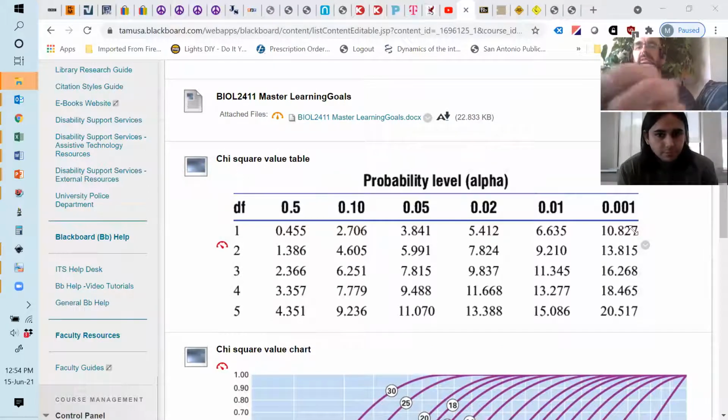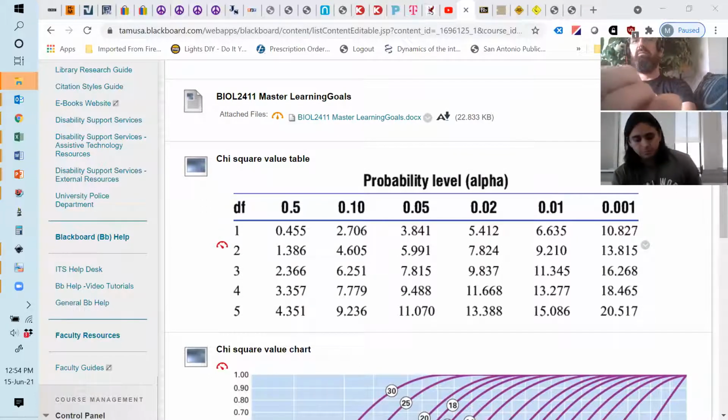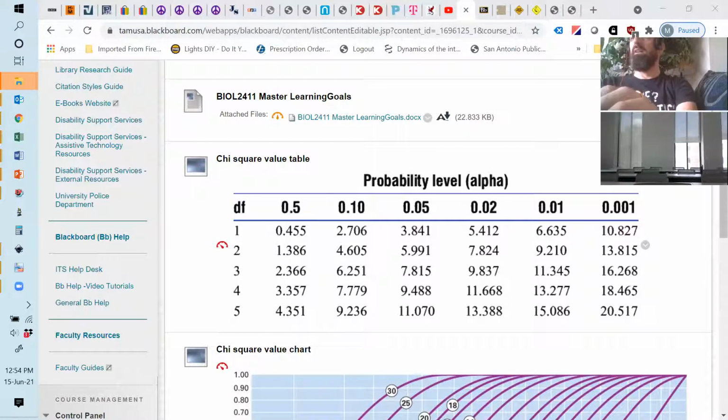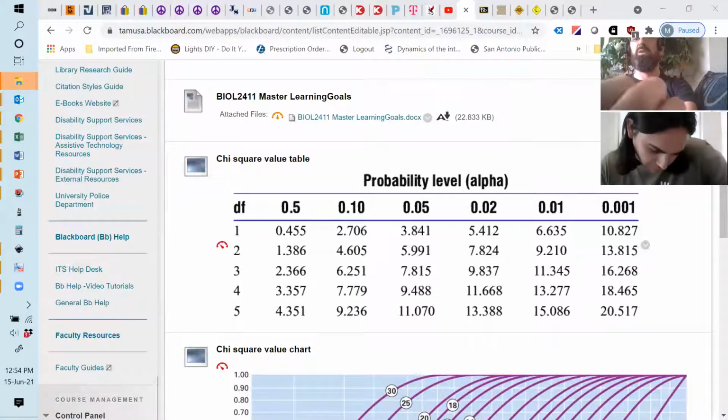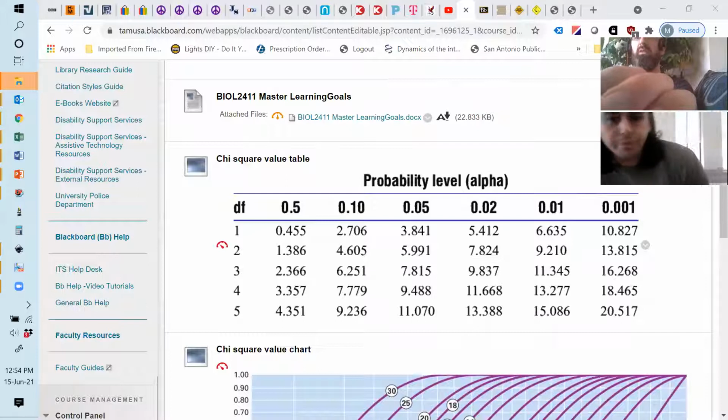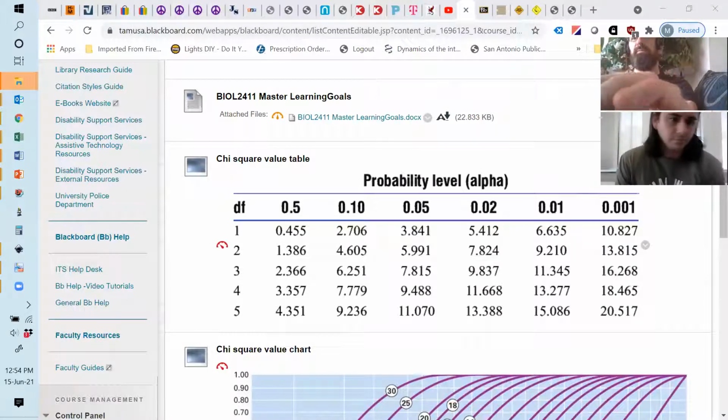So that tells us, hang on, let's write this up. And so from that, we can say that the p-value is smaller than 0.001.